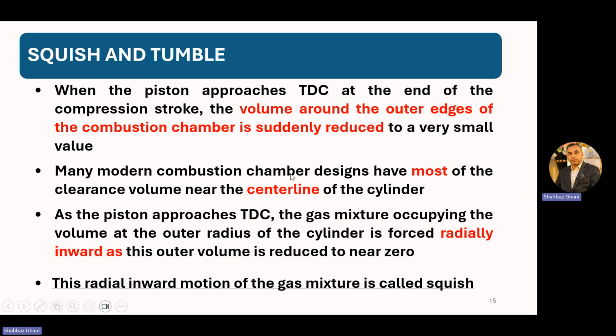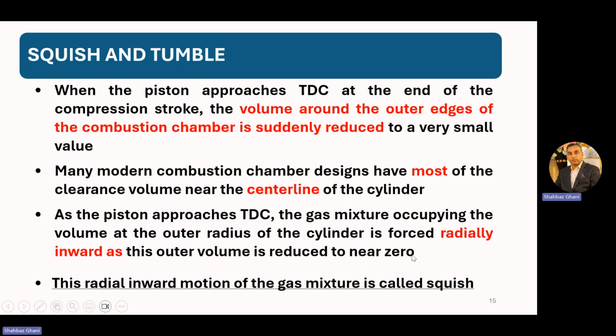Many modern combustion chamber designs have most of the clearance volume near the center line of the cylinder, as we have already discussed. As the piston approaches TDC, the gas mixture occupying the volume at the outer radius of the cylinder is forced radially inward as this outer volume is reduced to near zero.